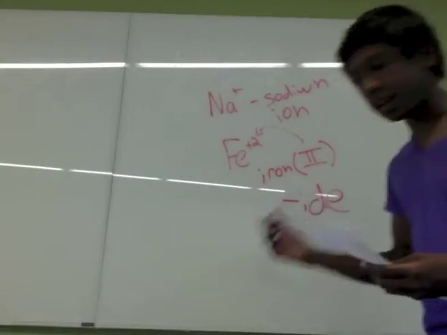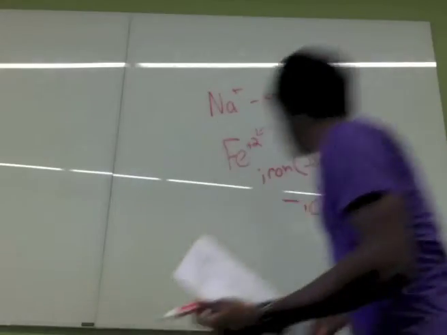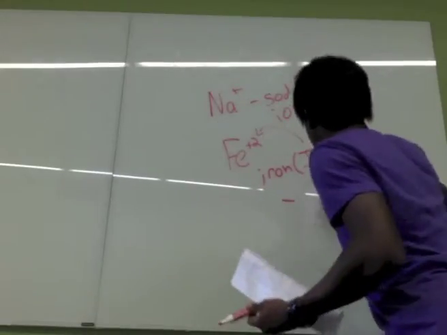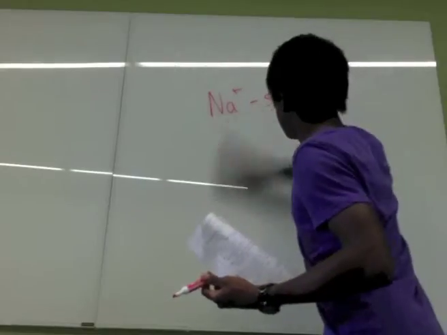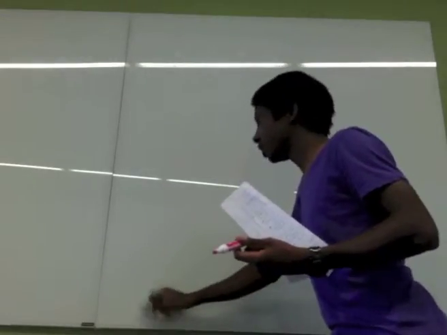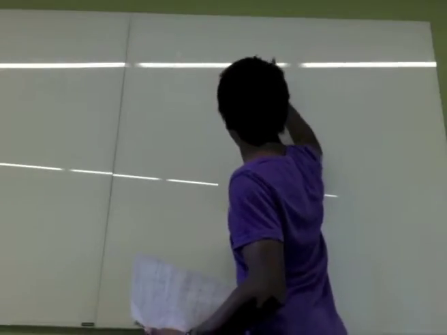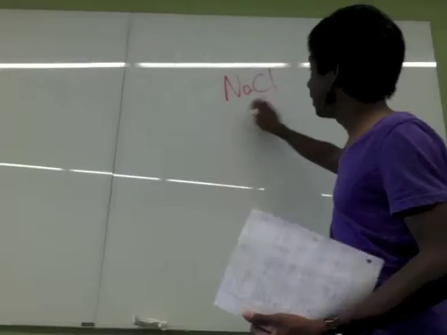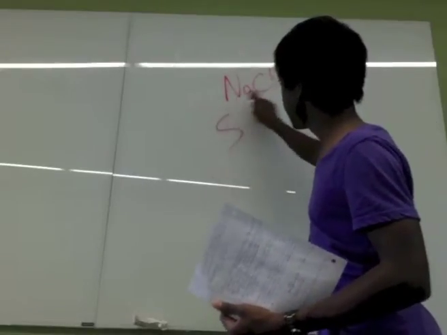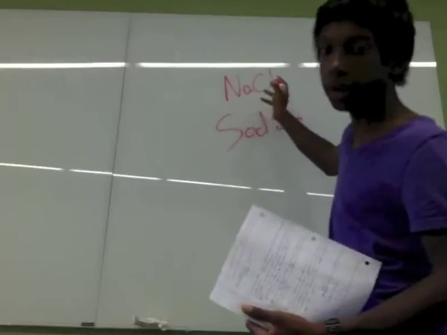So if we wanted to apply this and write the chemical name of, let's say, sodium chloride, or let me say this, NaCl, it would just be sodium because of the Na, it's the cation, and then chloride.